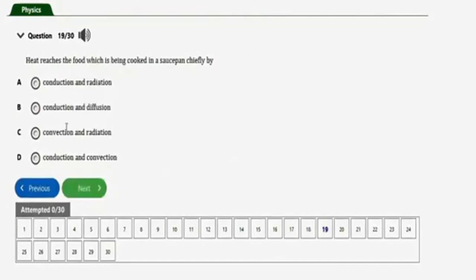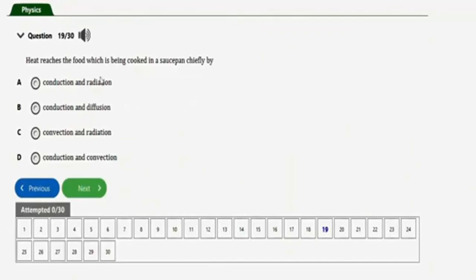The next repeated question here says, heat reaches the food which is being cooked in a saucepan chiefly by, we have conduction and radiation, conduction and diffusion, convection and radiation, conduction and convection. So guys, the correct option to this question is option D, conduction and convection.